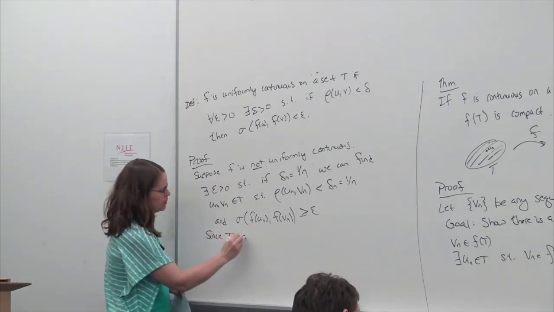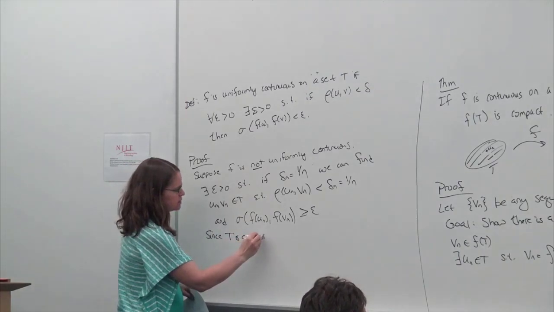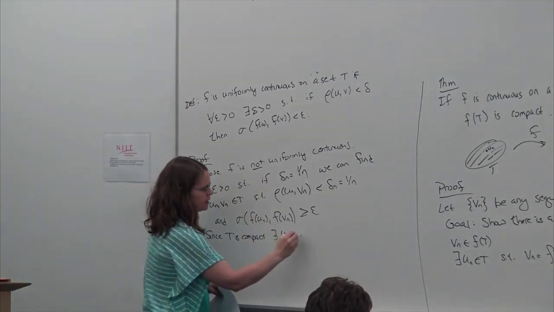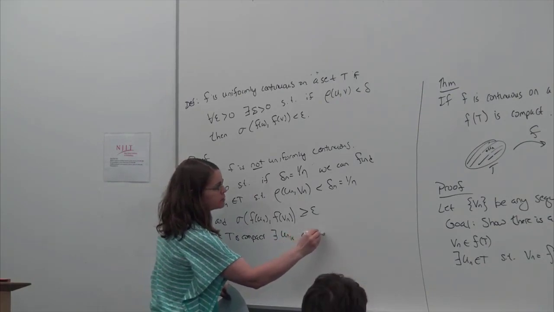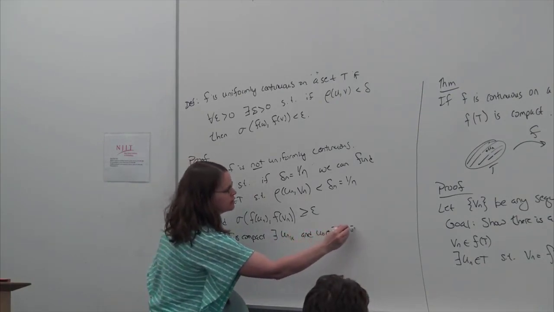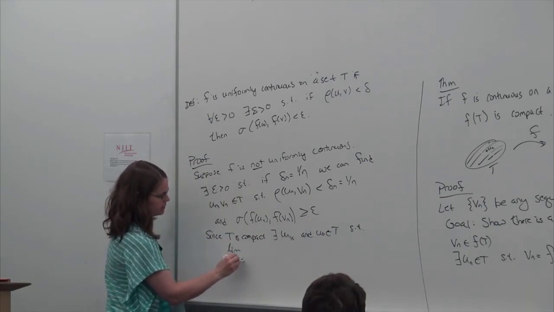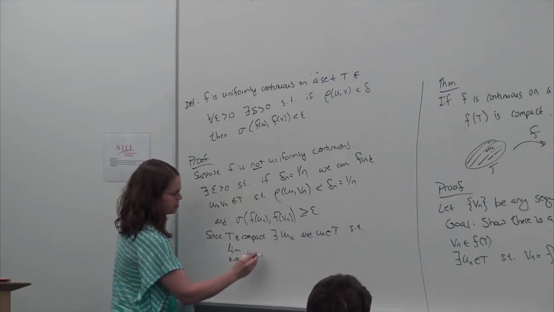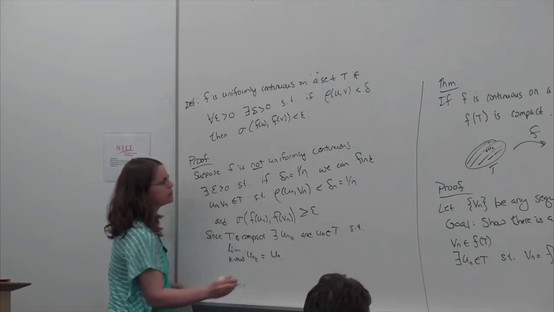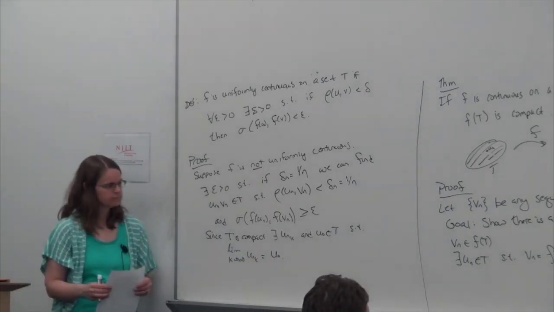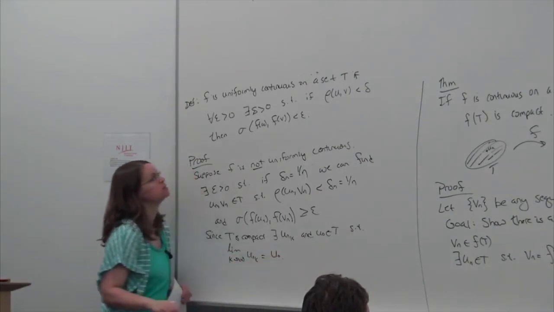Since T is compact, there exists some subsequence u_nk and some limit in my set such that this subsequence limits to u naught, u naught, of course, being in T.